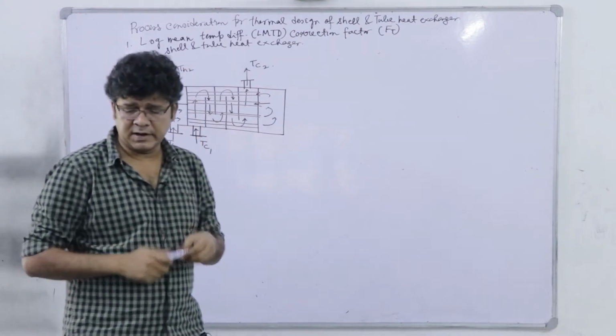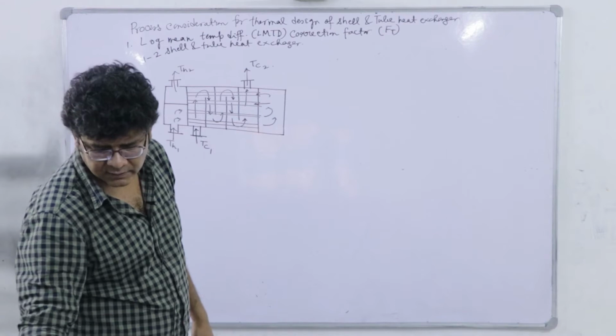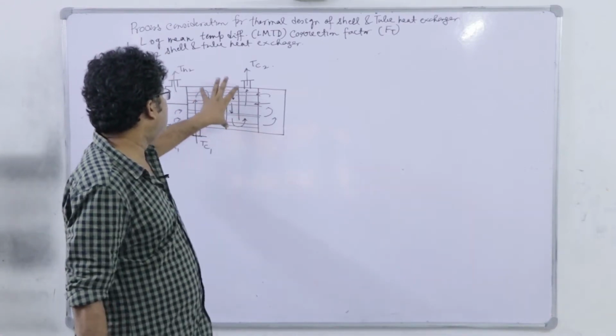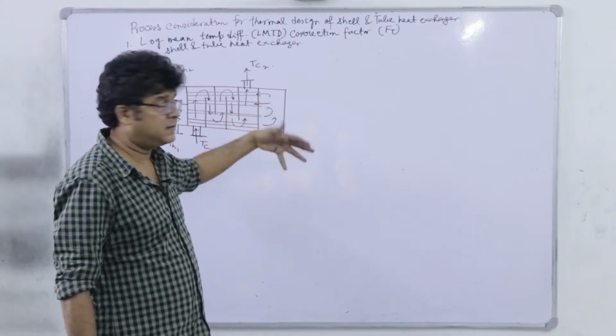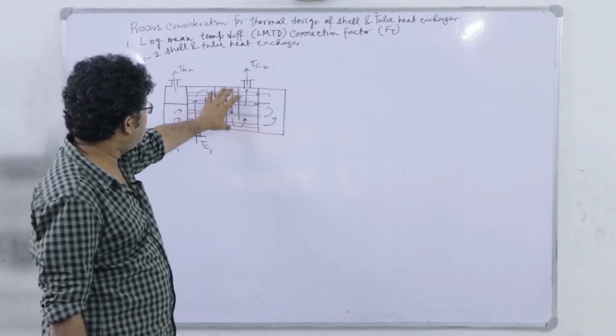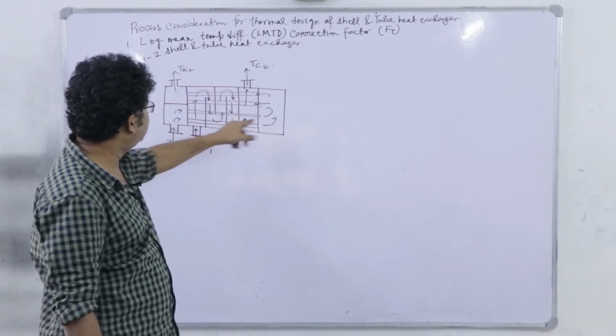Generally, it is recommended that you deliver the hot fluid through the tube side, except when it is a condensing system like steam. Why do we deliver the hot fluid through the tube side?